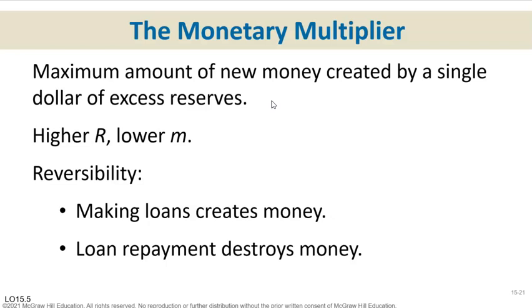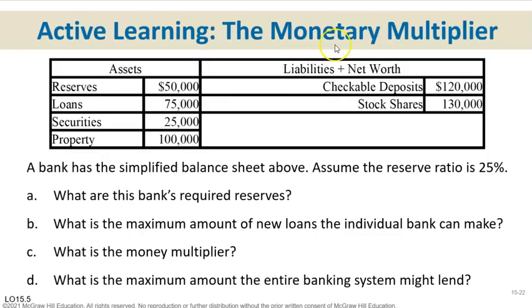So this is why we call it the maximum amount that money supply could increase. It could actually be less than the value that we're calculating. And that's if banks decide not to loan out all of their excess reserves. If banks hold on to excess reserves instead of lending them, then the money supply will be much lower. And we'll talk about this more in the next chapter.